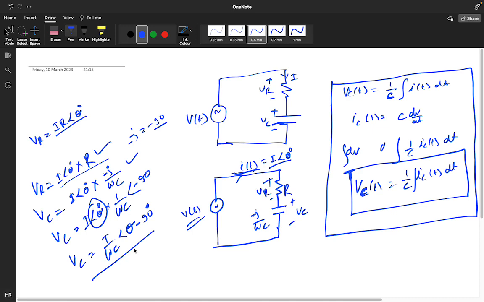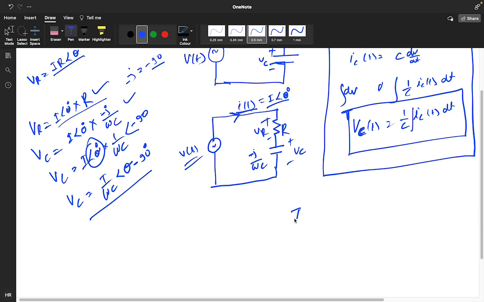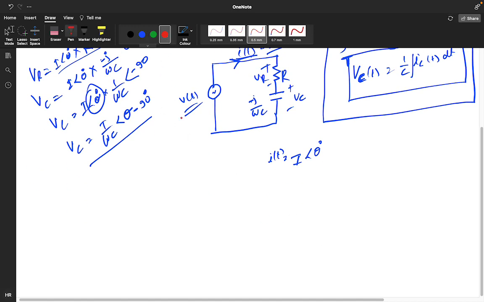It's clear. Then we assume our current, which is flowing, I of t is equal to I at an angle theta degree. Suppose we want to make a reference, we are taking this as a reference. So from reference, will the current lead or lag? With respect to reference it will lead by theta degree.